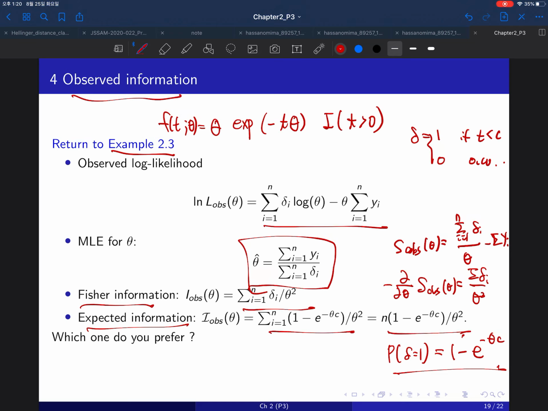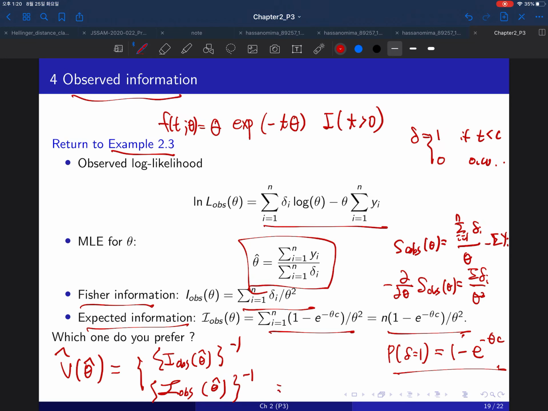Okay. So if you are interested in estimating the variance of the MLE, you have two options. One is to compute the inverse of the observed information at theta hat, or you can use the expected information at theta hat. Which one do you prefer?